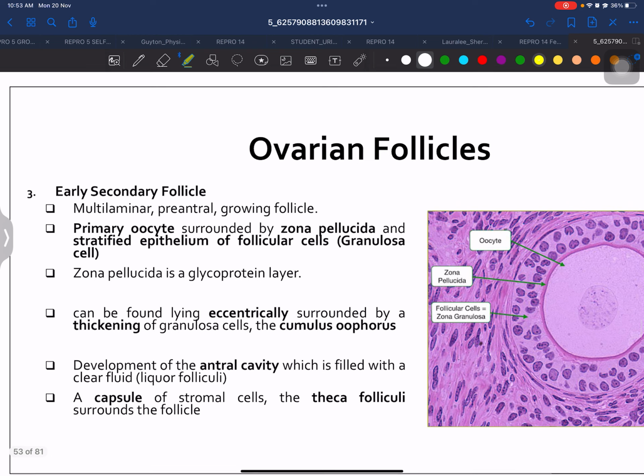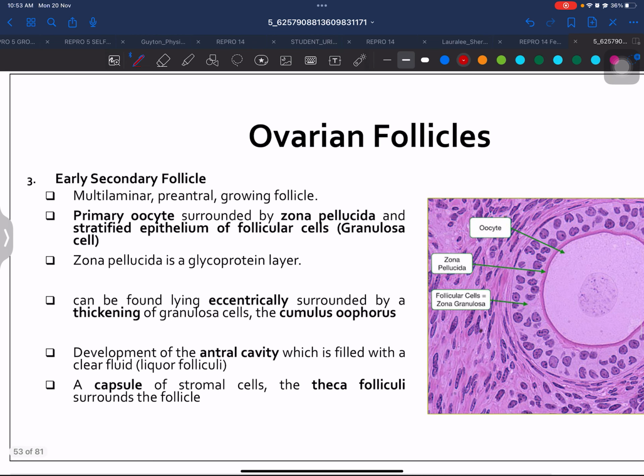The zona pellucida only exists in the secondary follicle; primary follicles have no zona pellucida. The zona pellucida is a glycoprotein layer.